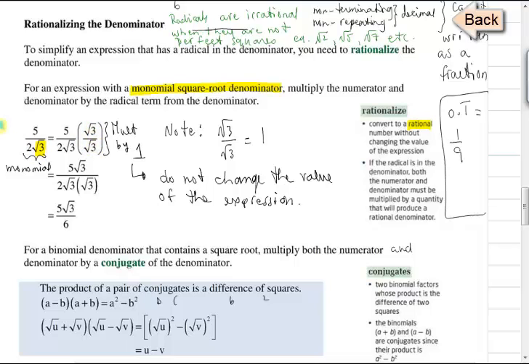We are going to start by first multiplying our numerator and then multiplying our denominator. In the numerator, we have 5 times root 3, which is 5 root 3. In the denominator, 2 root 3 times root 3.